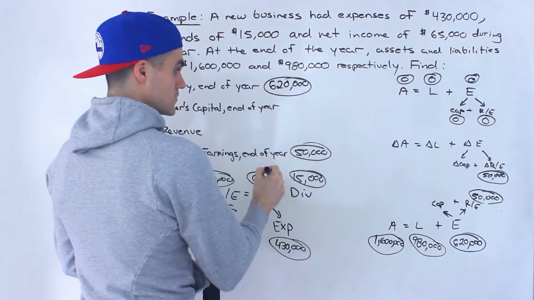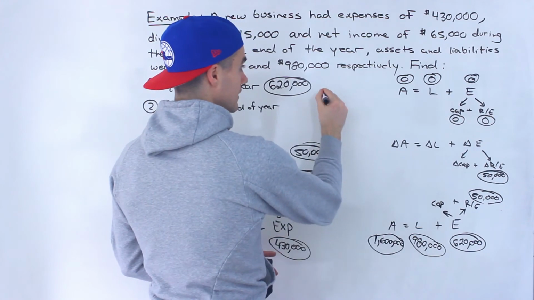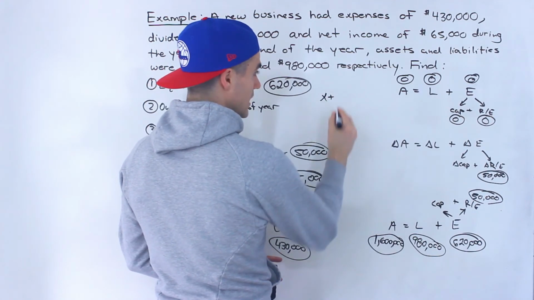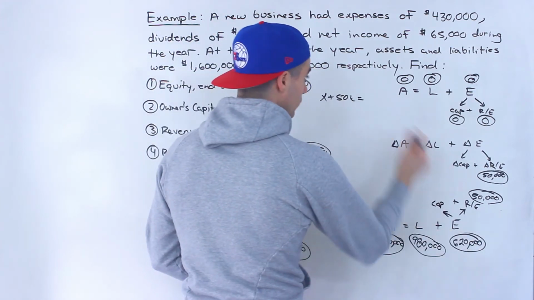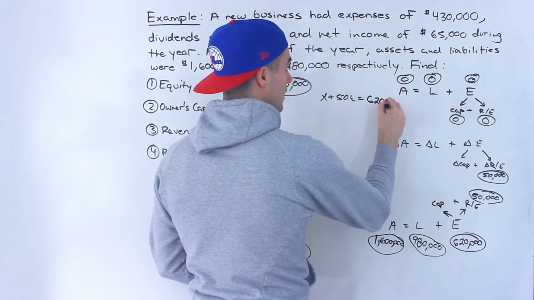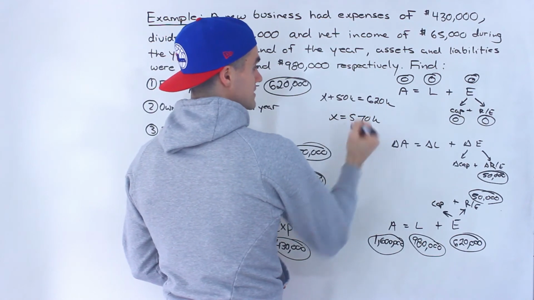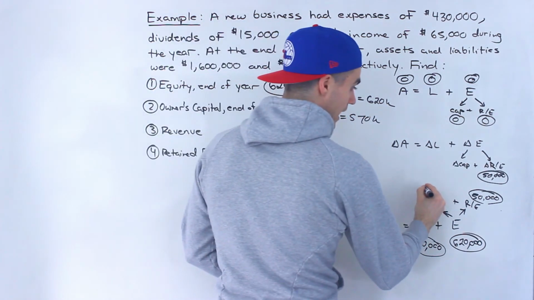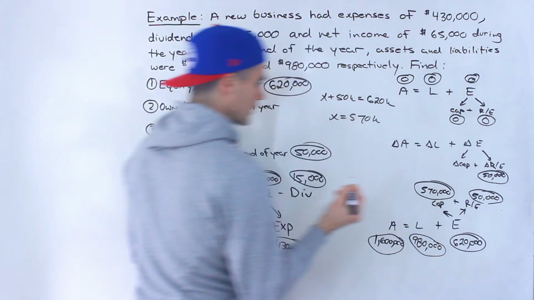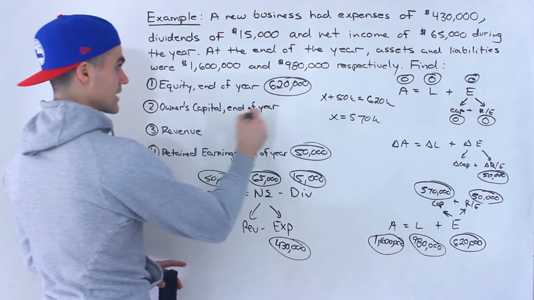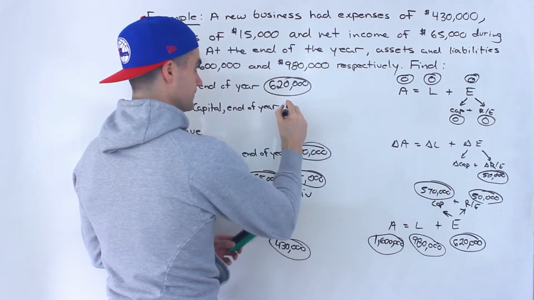And then notice because we have the ending equity and the ending retained earnings, we know that the capital plus the retained earnings of 50K have to equal that total equity, 620K. Bring this over, we'd get 570K for that ending capital. So 570,000 right there for the ending capital, which is actually the second item.